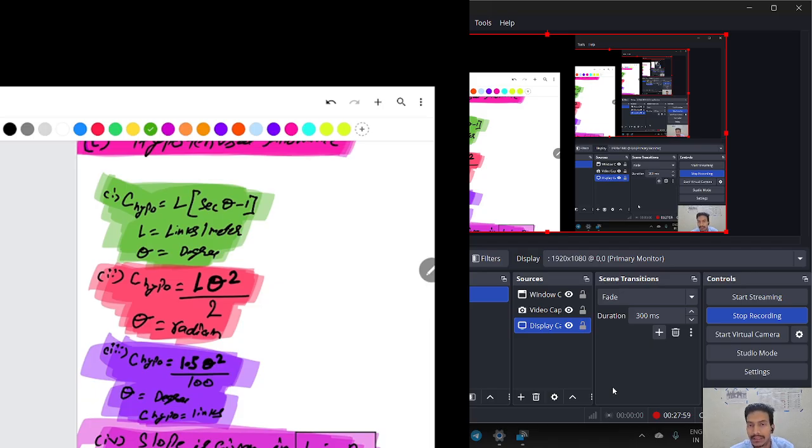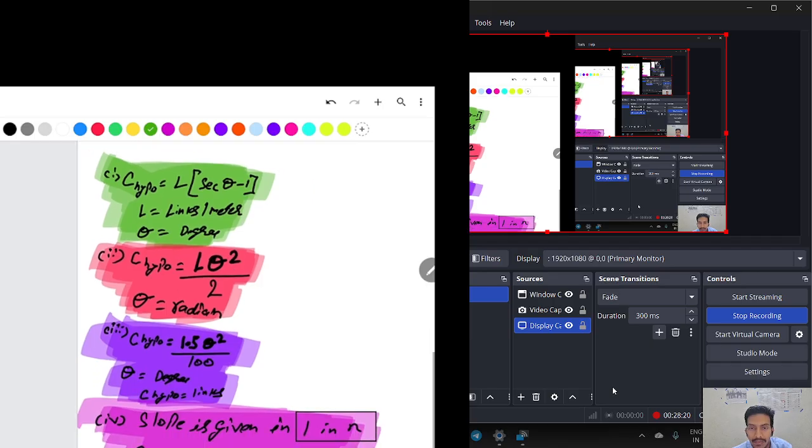We will use L times theta square upon 2. That's the only formula. If degree and length are given, then we can also use 1.5 theta square upon 100.